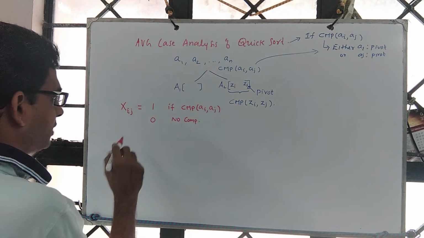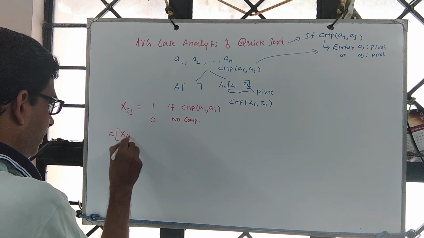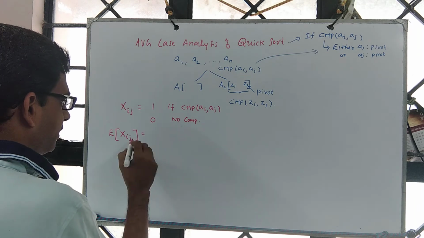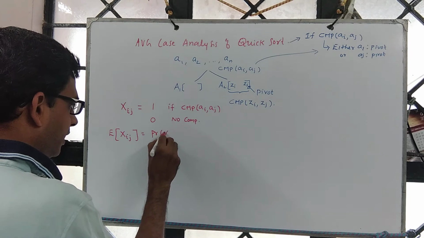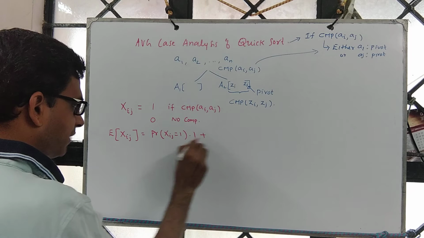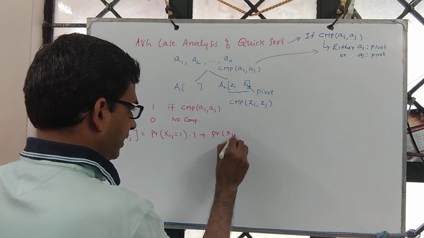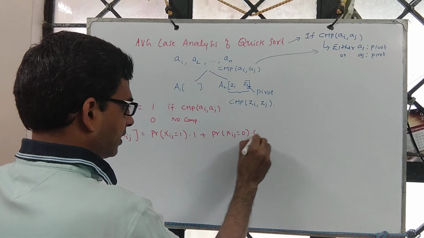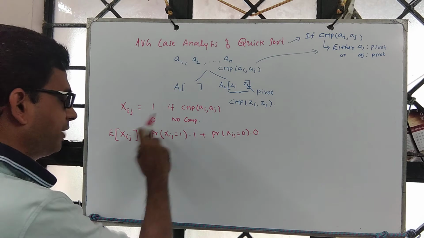On an average, what would be that? That is precisely the weighted average. The expected value of this is the probability that Xij takes the value 1 times its value, plus the probability that Xij takes the value 0 times its value, and its value is 0.